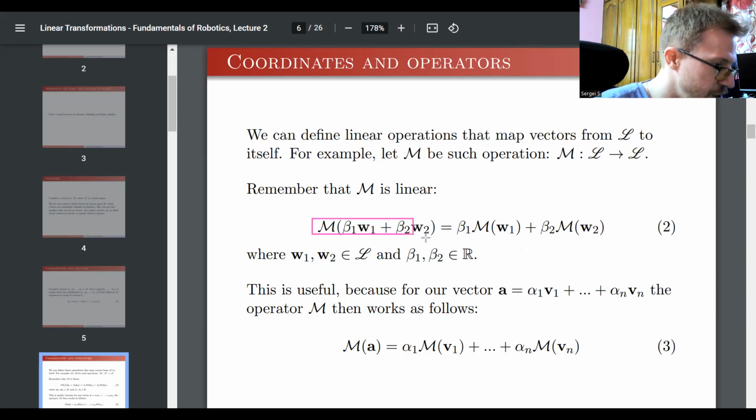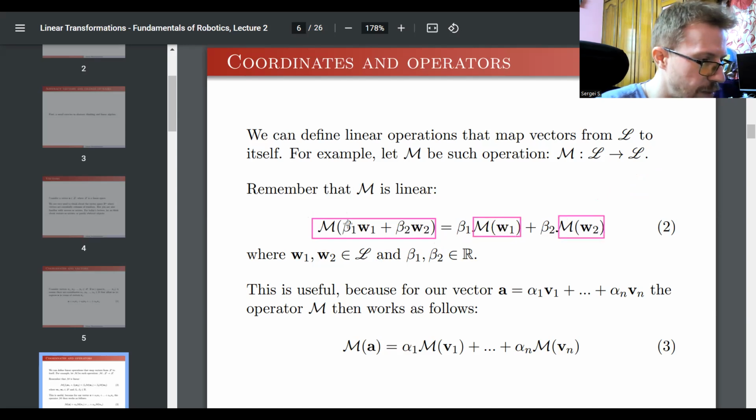M of a linear combination here is a linear combination of M's. See, here we perform an operation on a weighted sum of two vectors. But it is the same as performing the linear operation on the first vector, on the second vector, and taking their weighted sum. Expression 2 is clear, right?